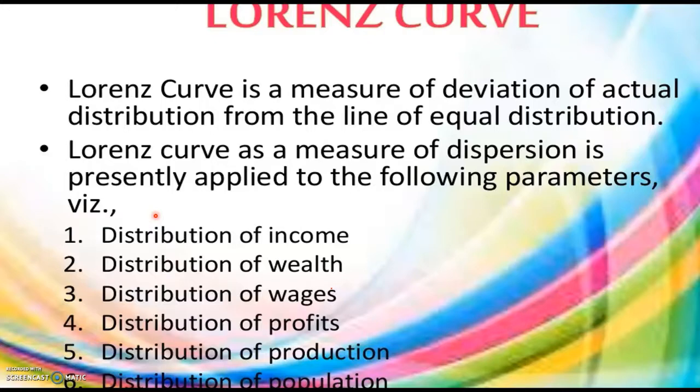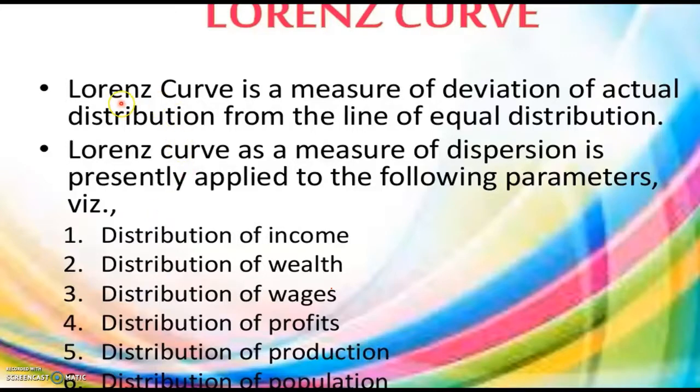For example, Lorenz curve of income gives a relationship between percentage of population and its share of income in total income. It is especially useful in comparing the variability of two or more distributions by drawing two or more Lorenz curves on the same axis.